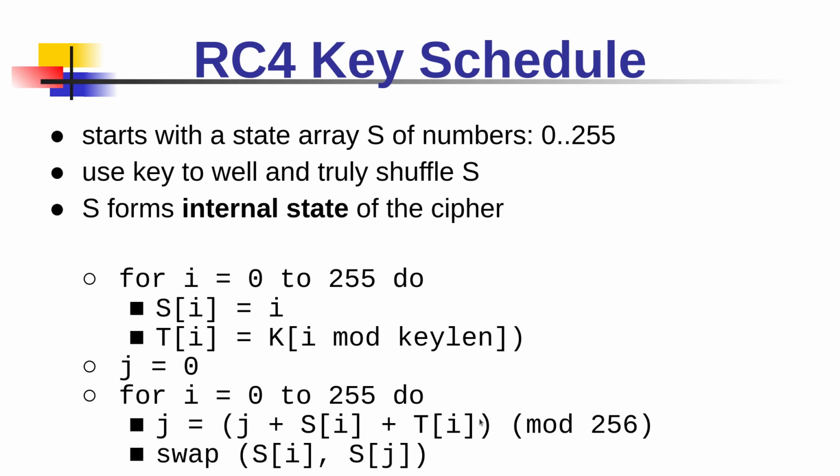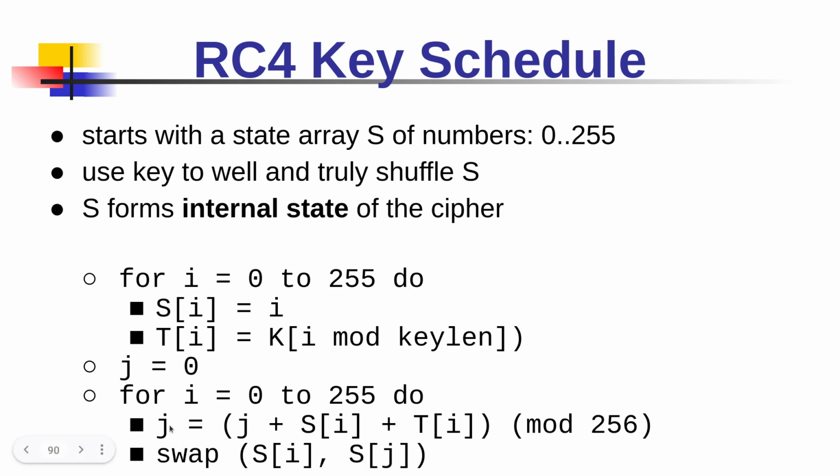So j plus S[i] plus T[i] is calculated, and mod 256 is done to get the j value. Then, depending on the j value calculated here, S[i] and S[j] are swapped. This much is the key scheduling.